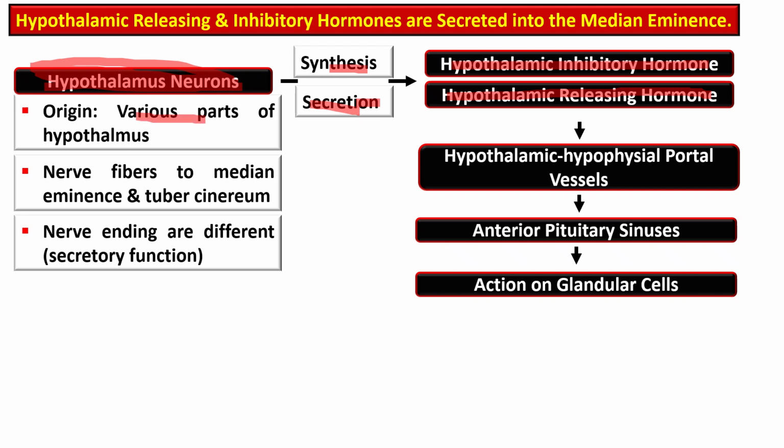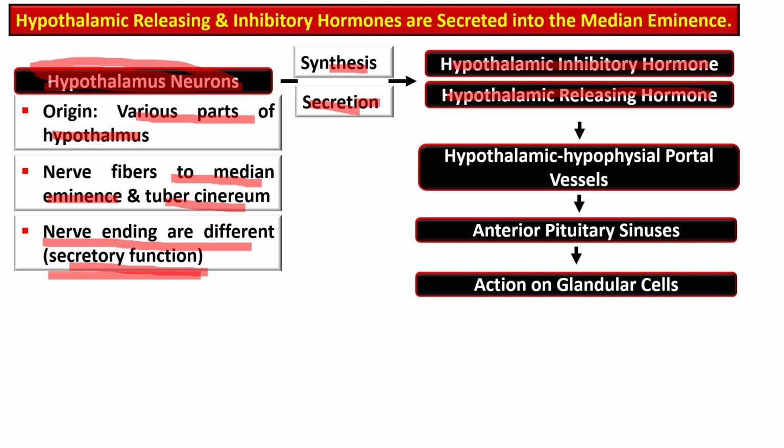They originate from various parts of the hypothalamus, and their nerve endings go to the median eminence and tuber cinereum, which are extensions of the hypothalamus into the infundibulum. The nerve endings in this area are different because they do not transmit signals. Instead, they have a secretory function.